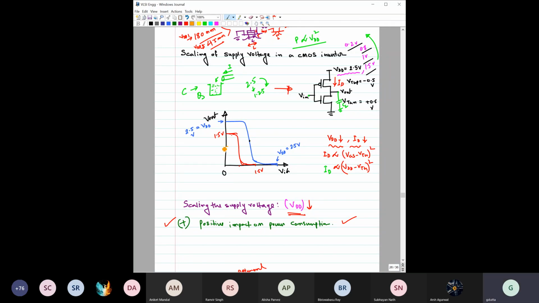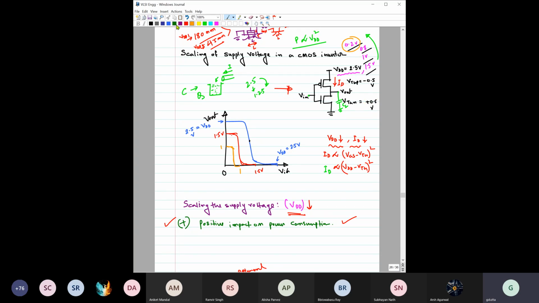Say this is 1 volt, up to 0.5, and then there is a good, quite close swing. 0.8 also I hope you will be able to explain. Now here is a question: will it work for 0.2 volt, whereas the threshold voltage magnitude of each MOSFET is 0.5 volt?